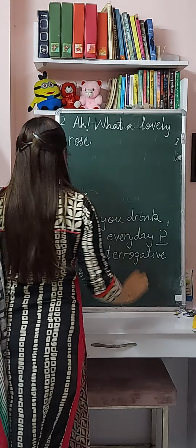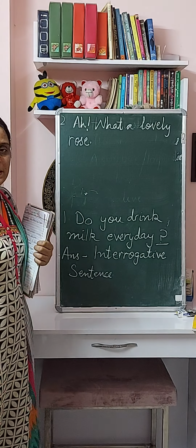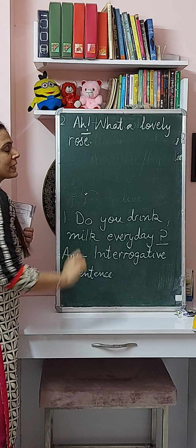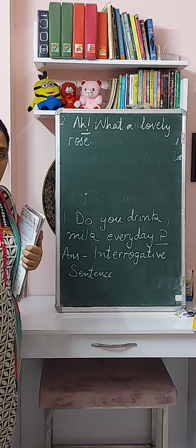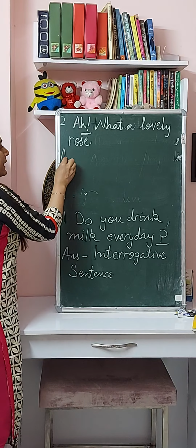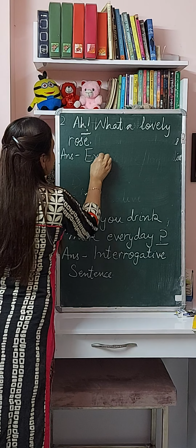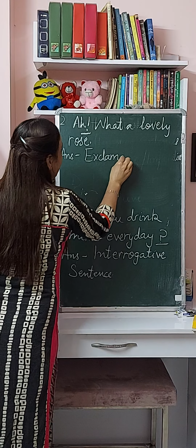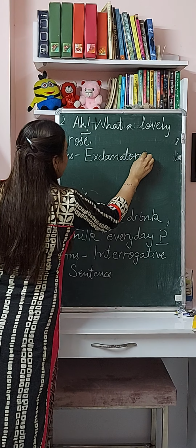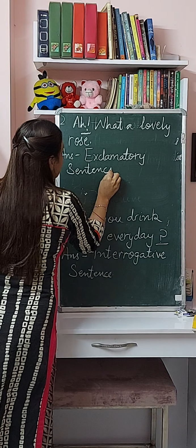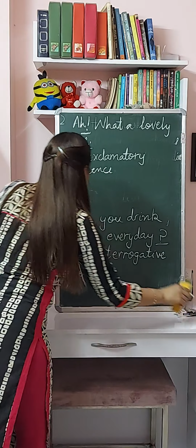What a lovely rose. Now here in this sentence children, you can all see that here we have got an exclamation mark. Alright. So what kind of sentence is this? This is an exclamatory sentence.